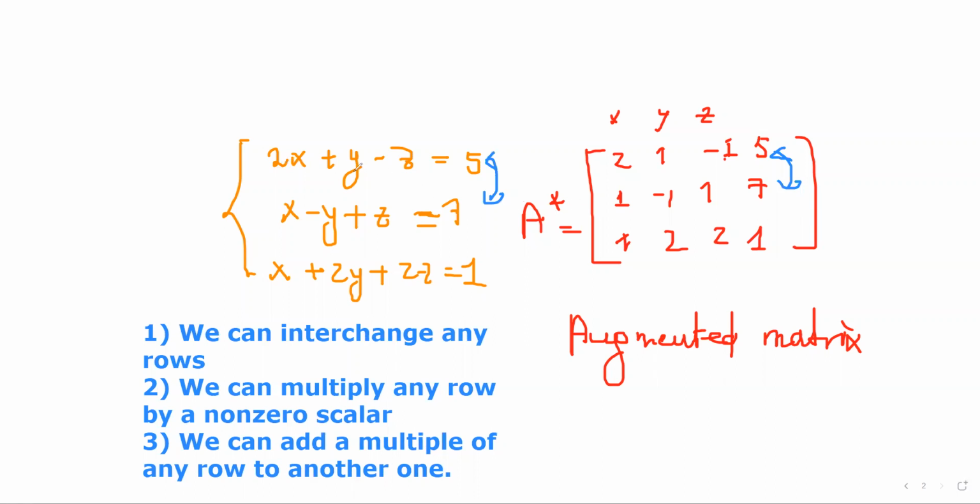So we can multiply by 2, 3, 4, or by 1/2, 1/3 if we want to divide. Third, we can add a multiple of any row to another one. We did this at school. Here also, we can multiply any row by a scalar and add it to another one. These three important operations are called elementary row operations.